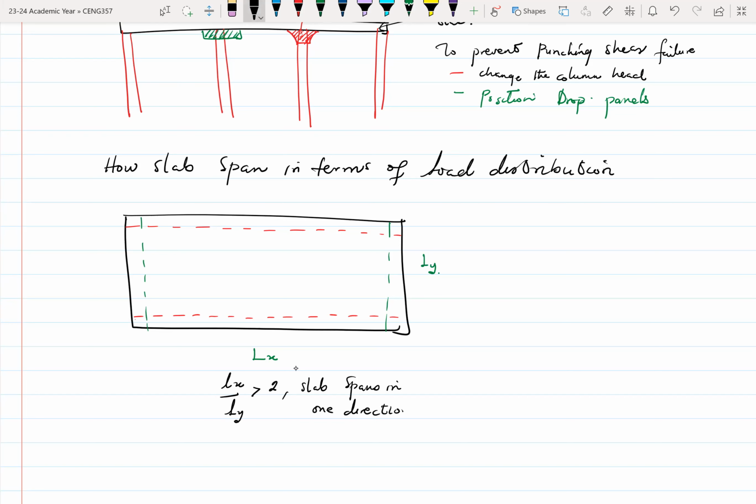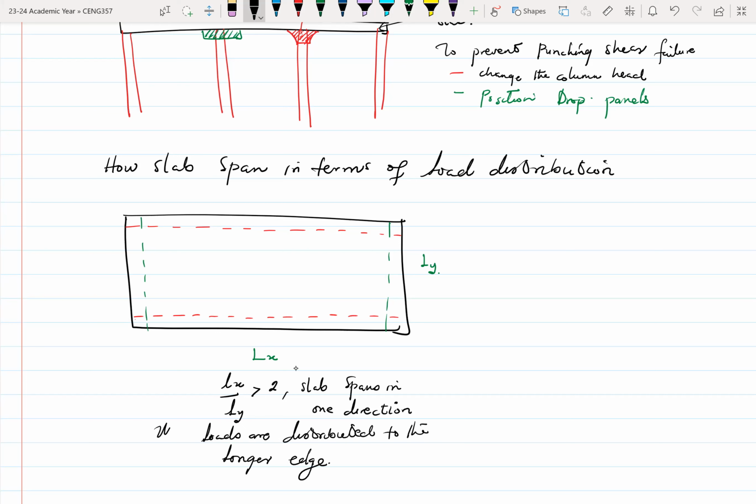Okay. And normally the loads are distributed to the longer edge. Okay.